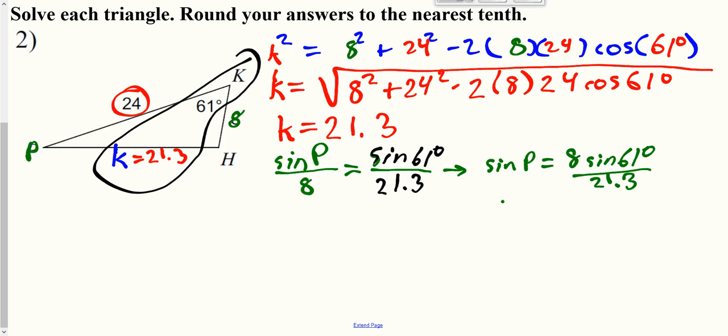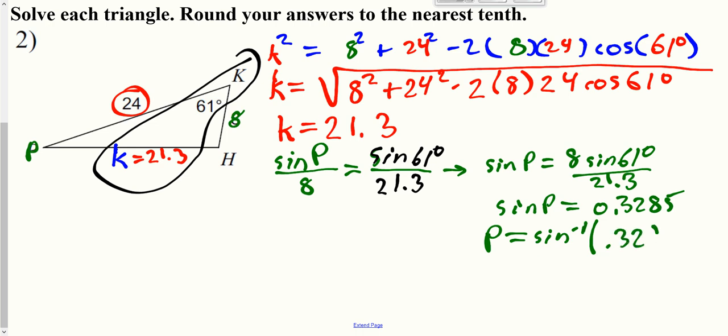Now, if you want, you could type in that right-hand side, get a decimal approximation, take it out at least 4 places. Now to get P by itself, we have to undo sine, and remember that's sine inverse. So go sine inverse of that decimal that you just got from your calculator. You type that into your calculator, and you get 19.2 degrees.